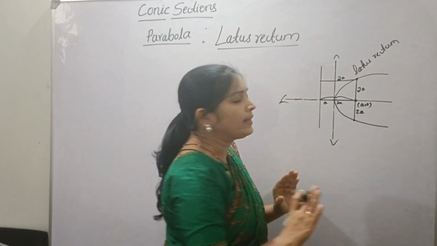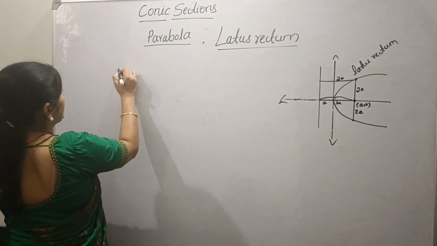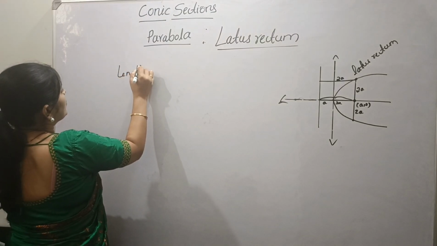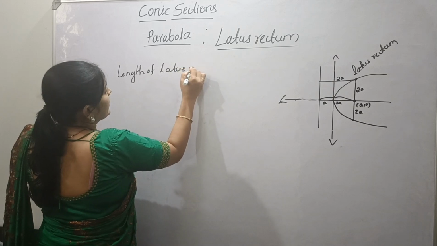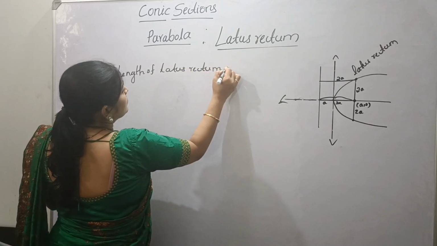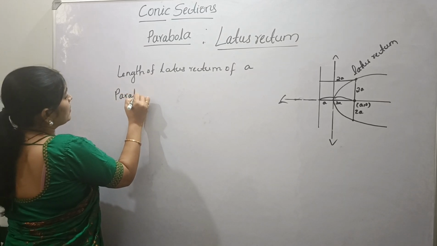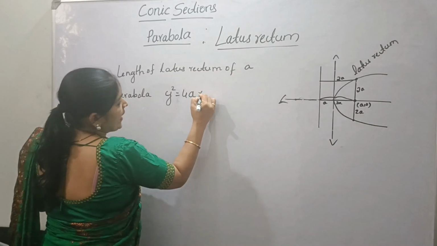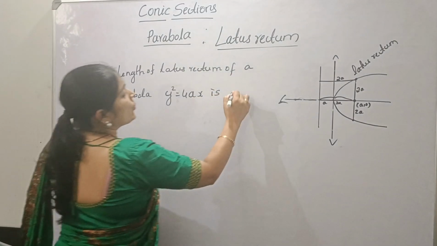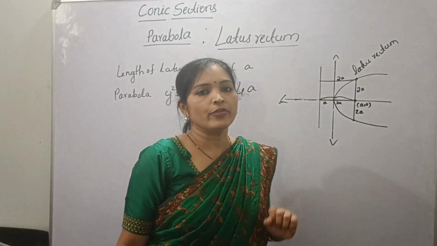Therefore, the total length of the latus rectum is equal to 4a. That is, the length of the latus rectum of the parabola y square is equal to 4ax is 4a. Why? 2a plus 2a, 4a.